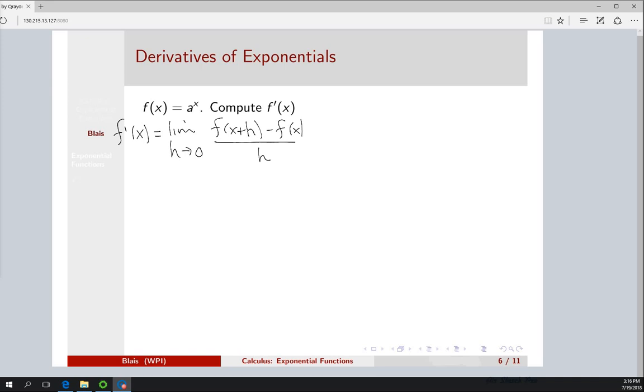In this case, our f of x is this a to the x. So we first do a to the x plus h. Then f of x is just a to the x. So minus a to the x all over h. Well, we should be careful. We want to remember our limit expression. There we go.